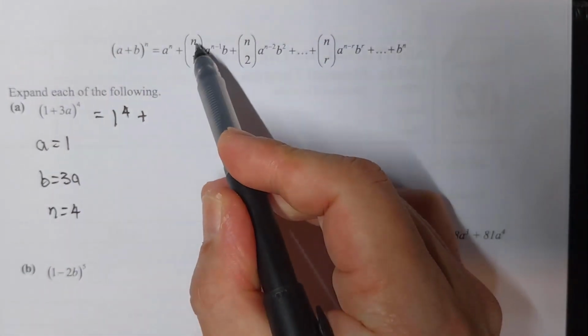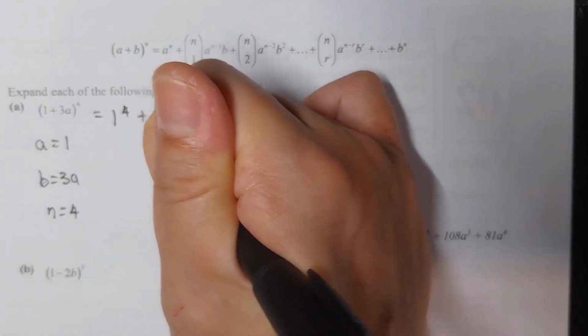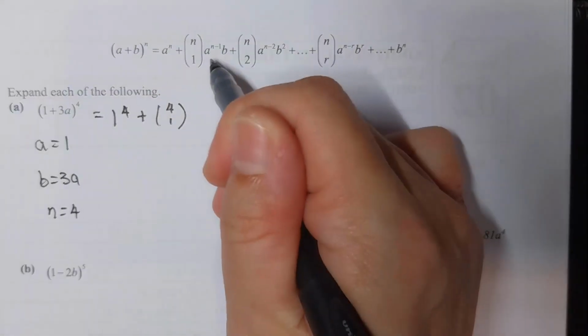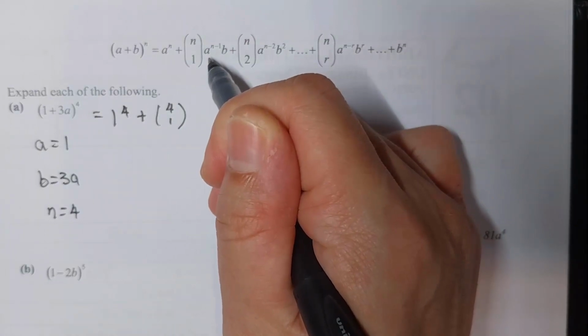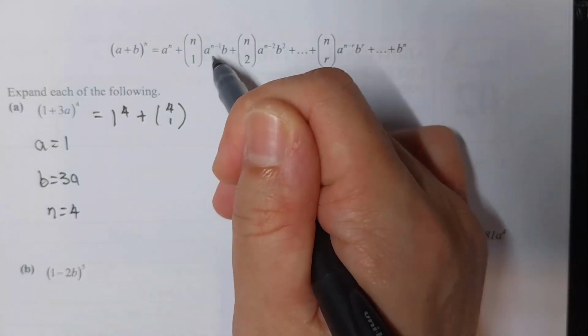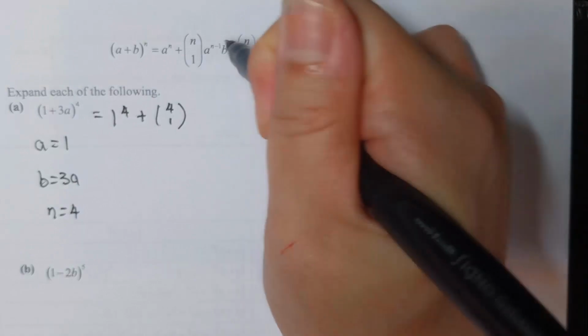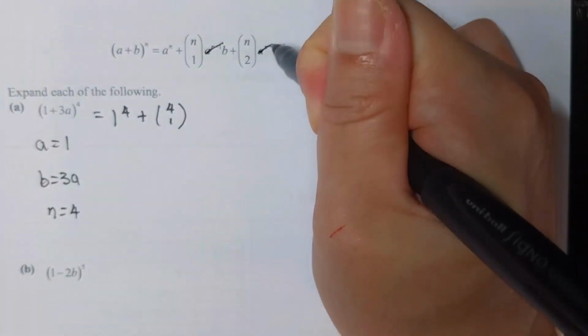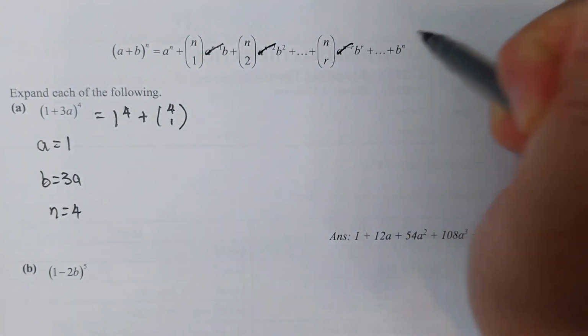Next, we will have 4 choose 1. Now the value of a is 1, right? 1 to the power of anything is actually just 1. So we can ignore all this because 1 to the power of anything is just 1.